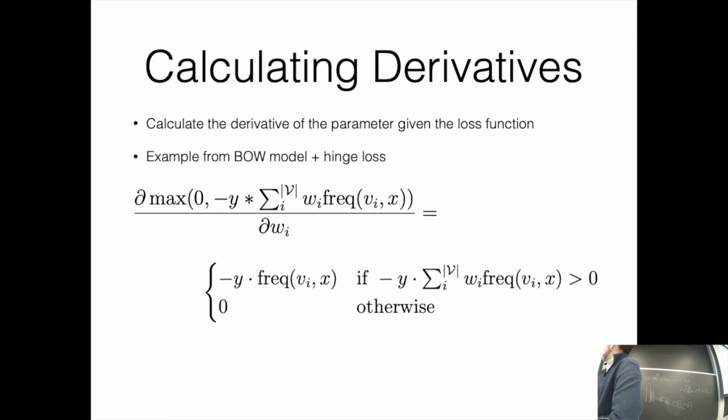This is a simple enough function that I can just do the derivative by hand. If I do, what comes out is: if y times this value is greater than 0, in other words, if the max picks this instead of this, then the derivative is y times freq, and otherwise it is in the opposite direction.